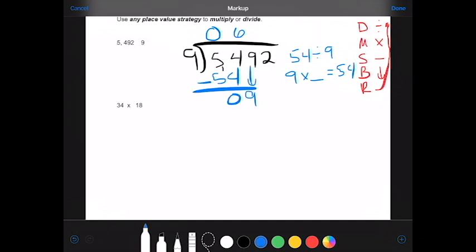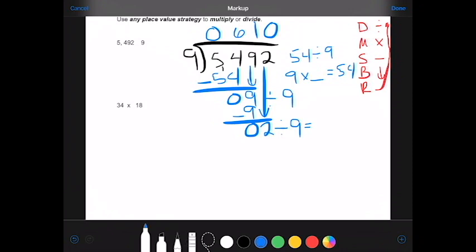Now we bring down the 9, and then we repeat 9 divided by 9. That equals 1, right? Because if I have 9 things and I share with 9 friends, everybody gets 1 thing. 1 times 9 is 9. Subtract, I get 0. I bring down the 2. I divide 2 divided by 9. It doesn't go at all, so that equals 0.